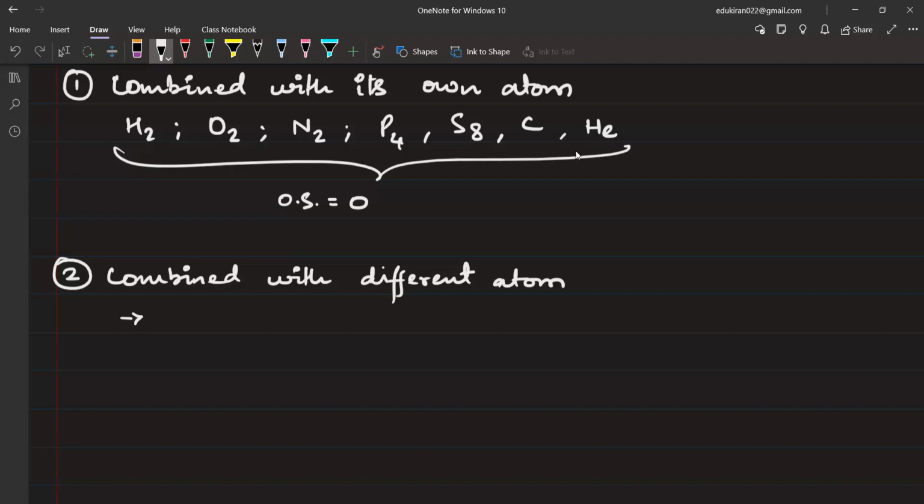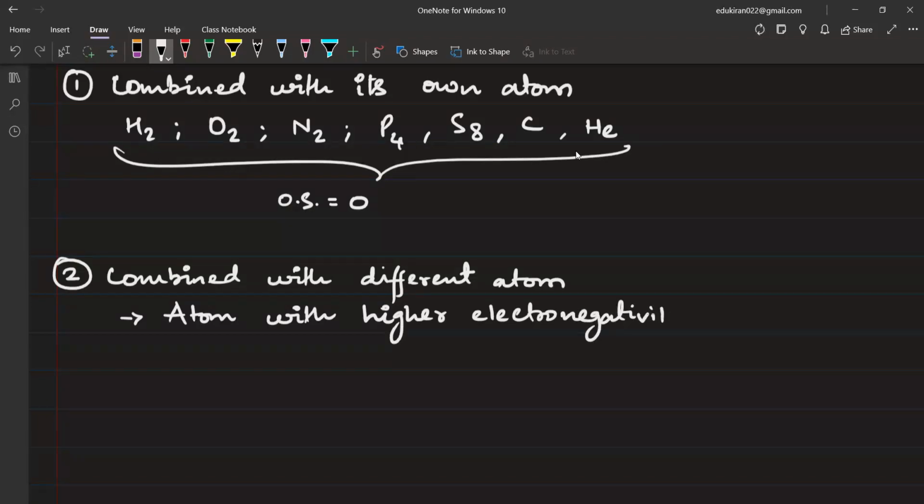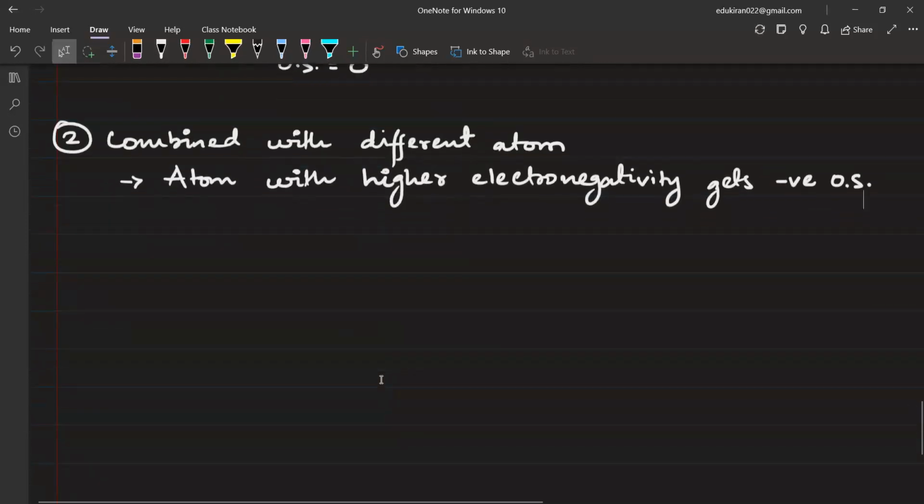What to remember? The atom with higher electronegativity gets negative oxidation state. Gradually we will also tell you the method to find the oxidation state in very large compounds, but you should have a general idea.